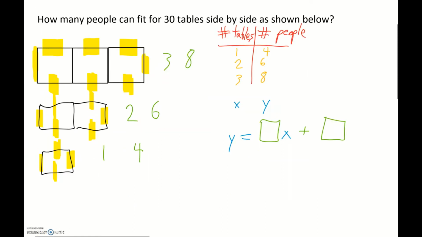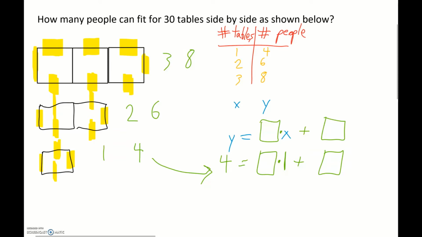If we have one table, so if x is equal to 1, then y is equal to what? 4. That's what we said from this one, right? So what numbers do we have to have here and here in order to make that true? Remembering that if we have two numbers next to each other, it's like multiplying. This is sort of the question.